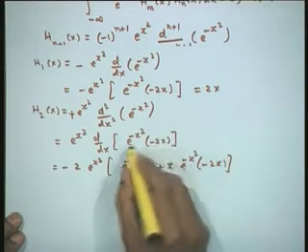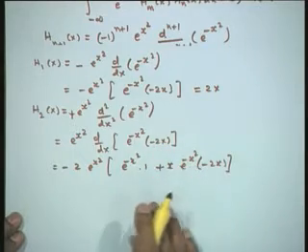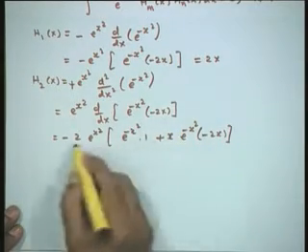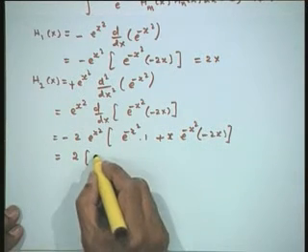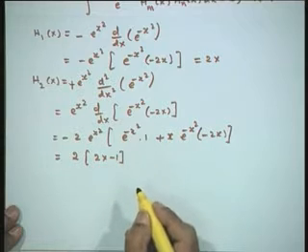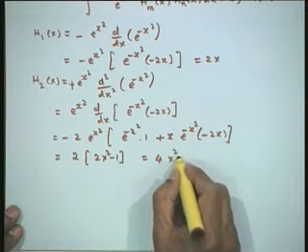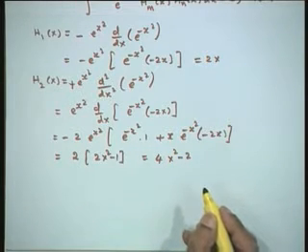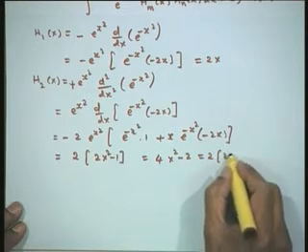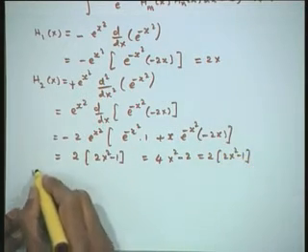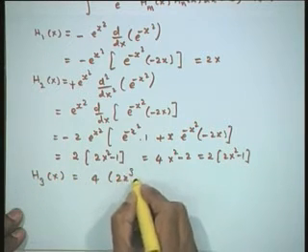I have taken it as a product of x into exponential of minus x squared, exponential of minus x squared into 1 plus x into this product. Now, exponential of x squared again cancels and let us retain this 2 outside, take the minus sign inside, 2x squared minus 1, or we can write it as 4x squared minus 2. Now, this 2 is outside, so let us retain 2 as the quantity that is outside. Now, I can similarly show, let me just give what is this h3(x), it is 4 into 2x cubed minus 3x.